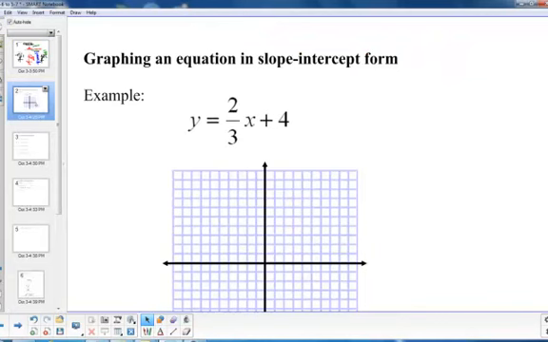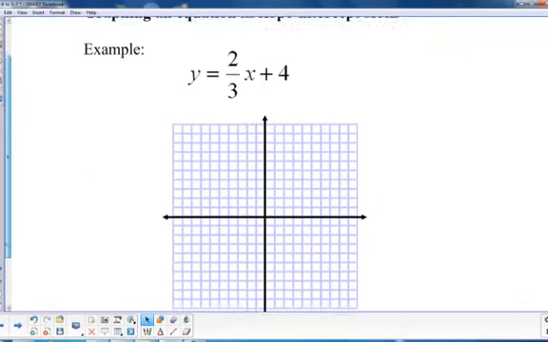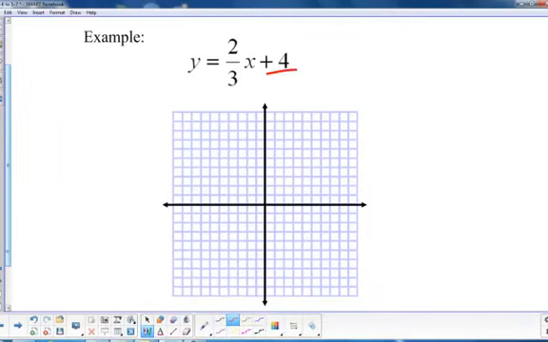So we're going to graph this one now, 2/3 x plus 4. So we're going to start at 4. And then we're going to go up 2 over 3. And you could do that again. Up 2 over 3. And you could do that again if you wanted.